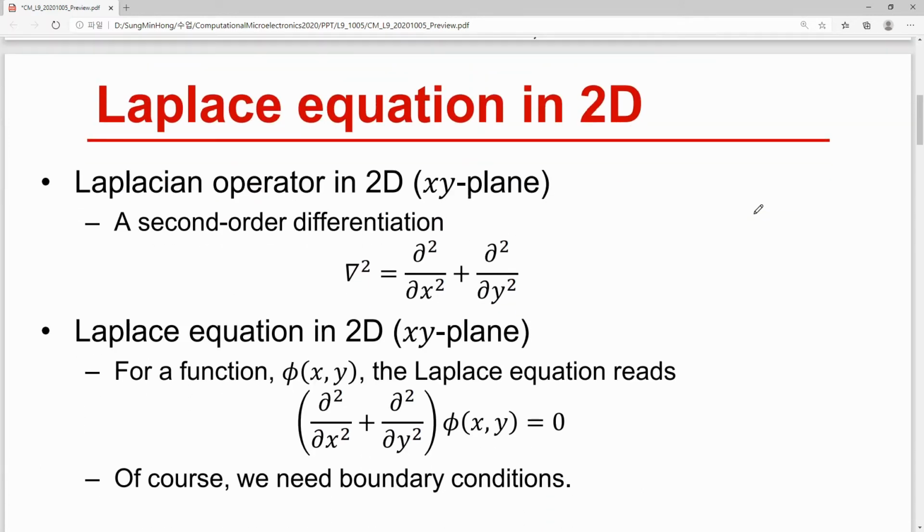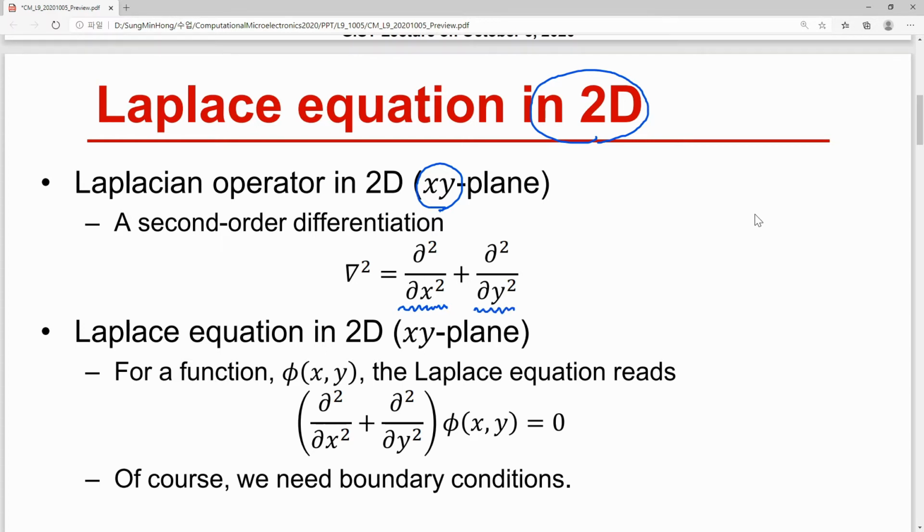So think about Laplace equation in two-dimensional structure. In this case, we will consider xy plane. Our Laplacian operator now contains the partial derivative with respect to x direction and the partial derivative with respect to y direction.